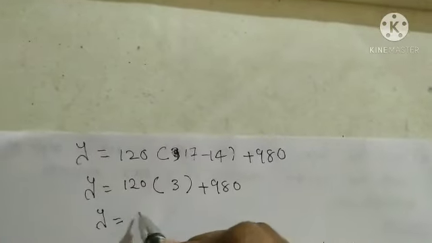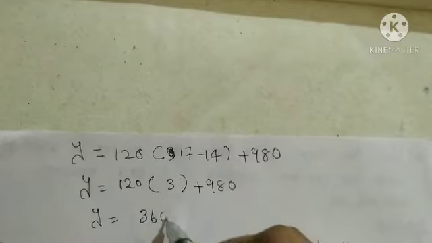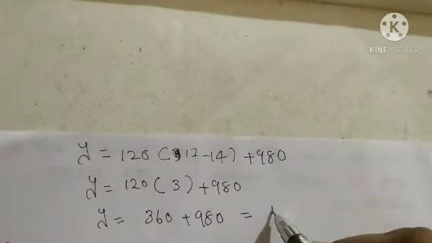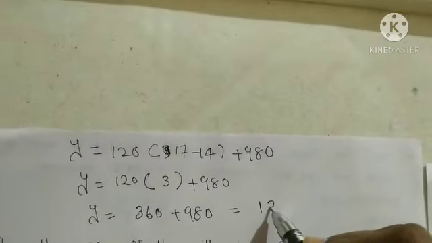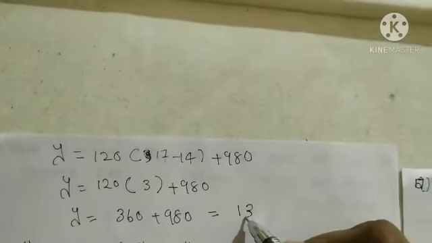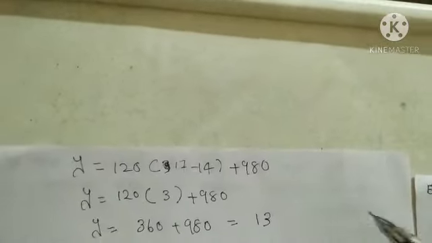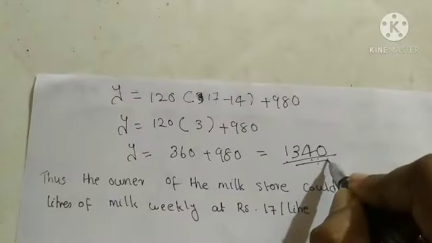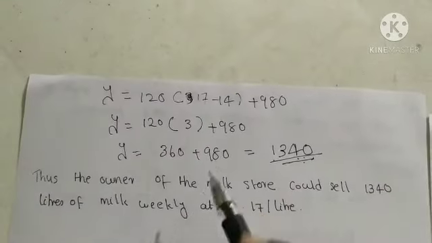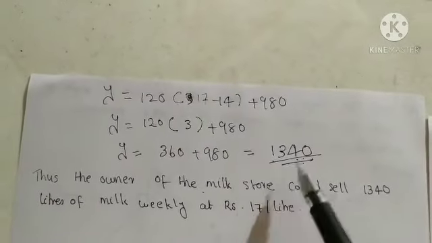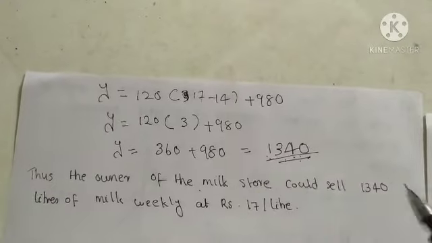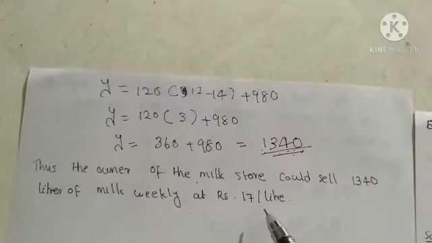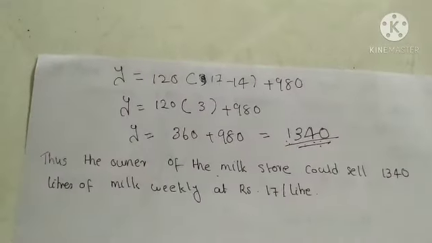So y equal to 120 into 3 is 360, plus 980. Adding these two values, we get 1340. So this is the demand of milk. So thus the owner of the milk store could sell 1340 liters of milk weekly at rupees 17 per liter. Okay, I hope you understood this question.